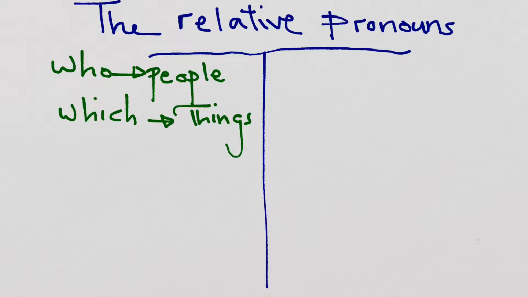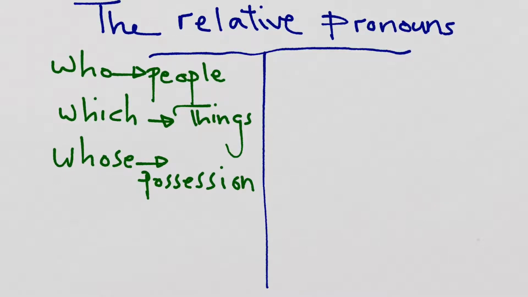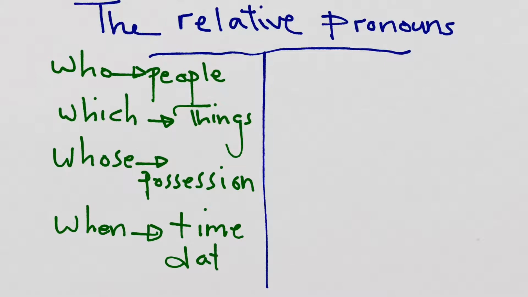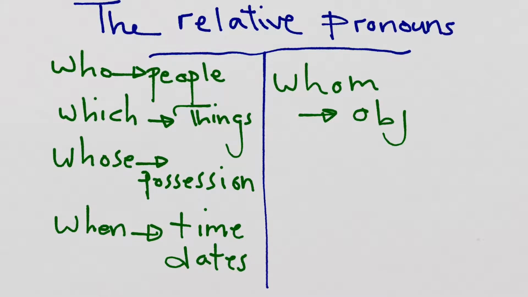Just know it. Now we have whose for possession, and when we use it for date or time, and finally we have whom, and we use whom to replace the repeated object noun, to replace object.